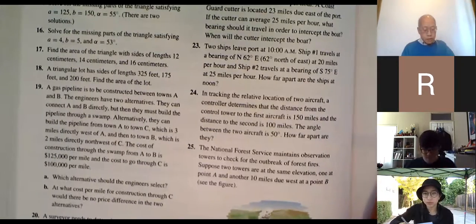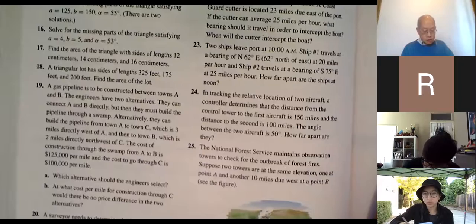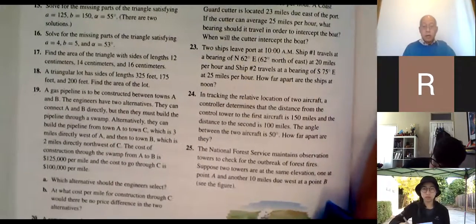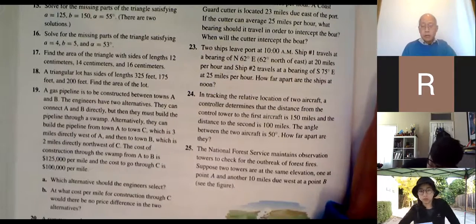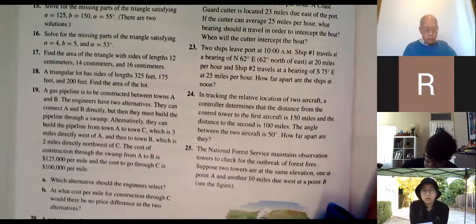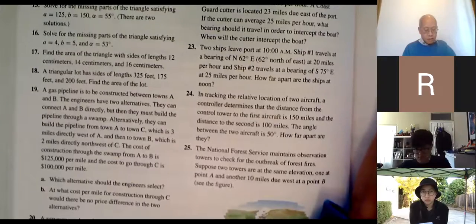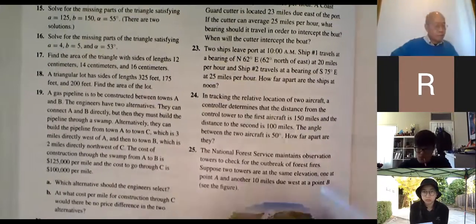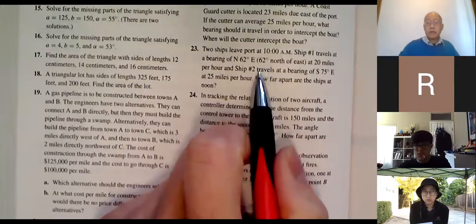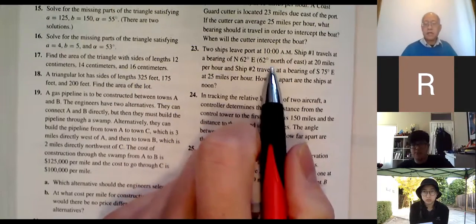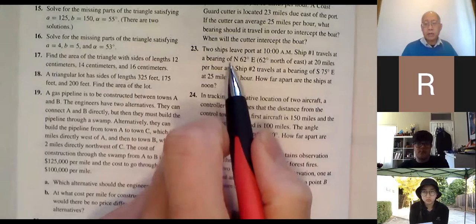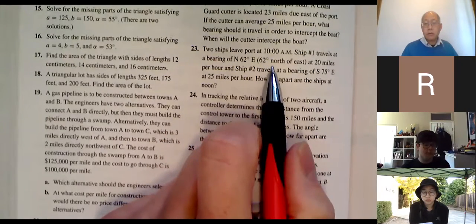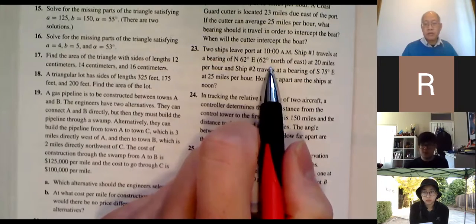So 62 degrees north of east. Let's see. North 62 degrees east. That's normally not the way that's interpreted. North 62 degrees east, 62 degrees north of east. It should be east of north.